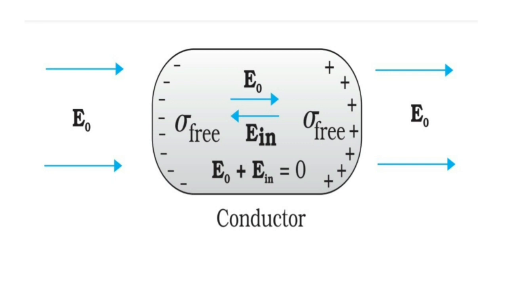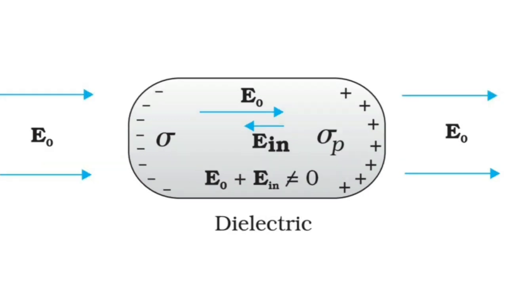And what is the case with their magnitudes? Their magnitudes are equal. The same as the applied electric field will be the induced electric field also. But what about their direction? Directions are opposite. So, equal in magnitude and opposite in direction, the net electric field inside the conductor will be equal to 0.